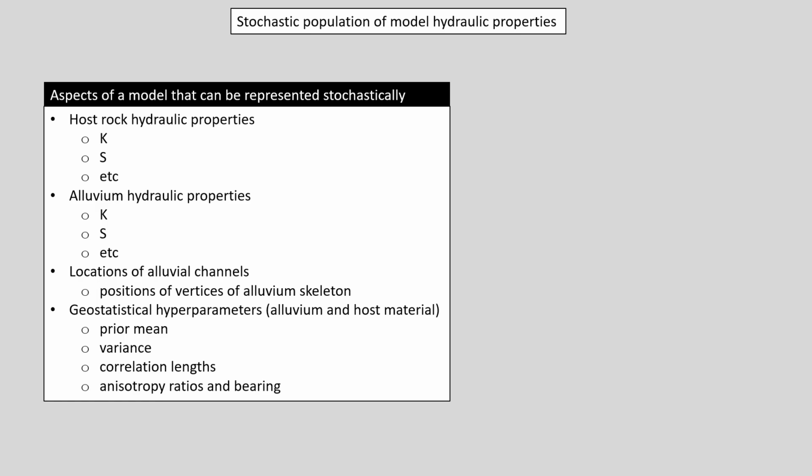This is easily extended to multiple property types and multiple layers. So we can generate random realizations of host material, alluvial channel properties, locations of alluvial channels, and even geostatistical hyperparameters if we're not exactly sure what they are. And we're never exactly sure what they are.